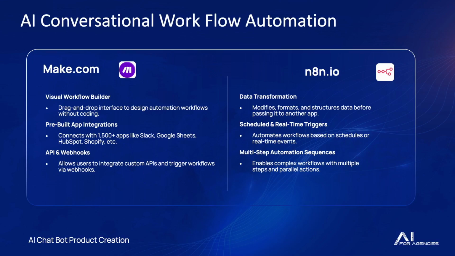You can schedule real-time triggers, which automate workflows based on schedules or real-time events, and you've got multi-step automated sequences. So you can have a complex workflow with multiple steps and parallel actions. What you could do is have someone come in via VoiceFlow to become a customer, and they confirm becoming a customer.